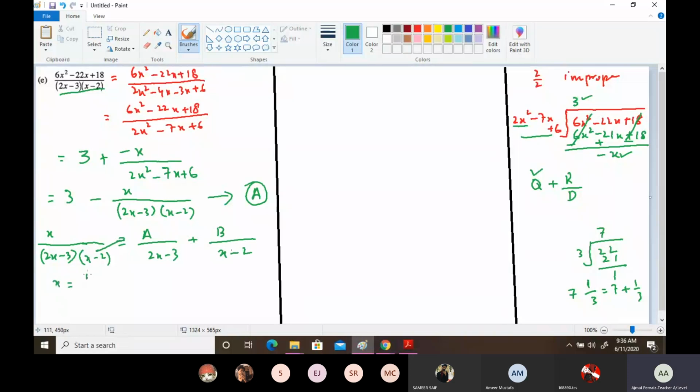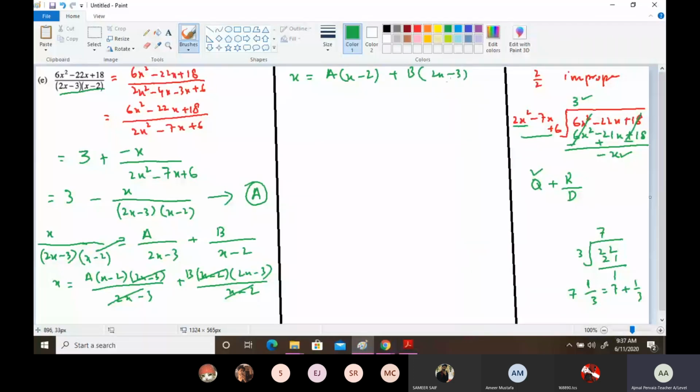So x is equal to A times x minus 2, 2x minus 3 over 2x minus 3, plus B times x minus 2, 2x minus 3 over x minus 2. Now 2x minus 3, 2x minus 3 cancel, x minus 2 cancel. So we are left with x is equal to A times x minus 2 plus B times 2x minus 3.